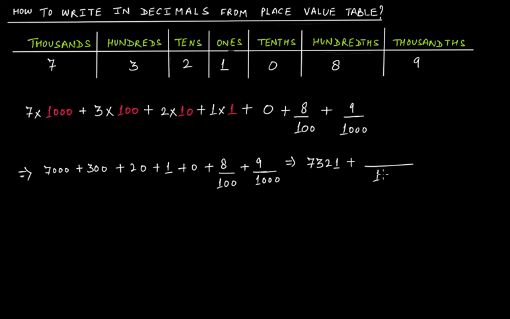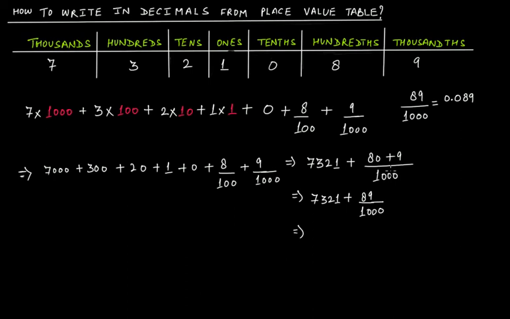Simply write here 1000. Now if you try to solve it, this will be 80 plus 9. You'll get 7,321 plus 89 over 1000. This is 89 over 1000, which will be equal to 0.089.